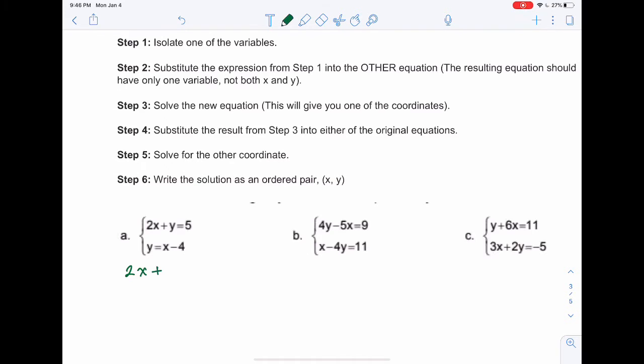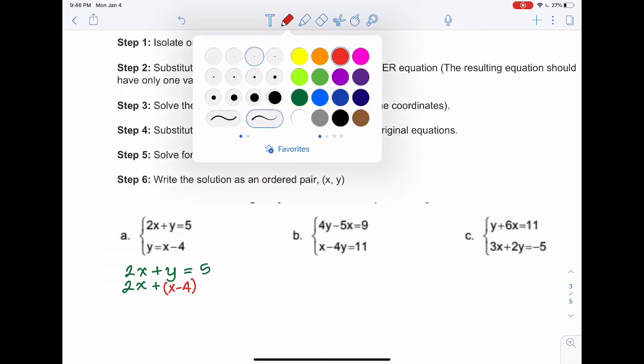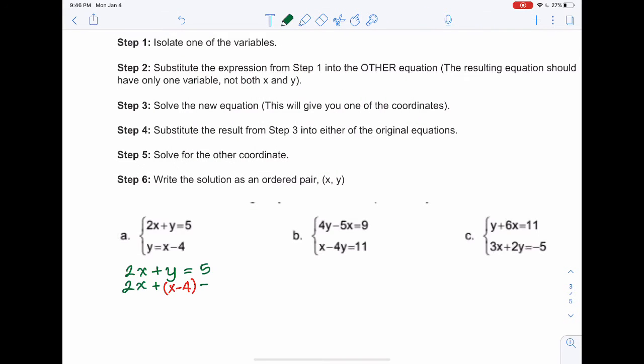2x plus y is equal to 5. So we will keep 2x as it is, and we are going to substitute x minus 4 for y. Then let's solve the equation for one variable.